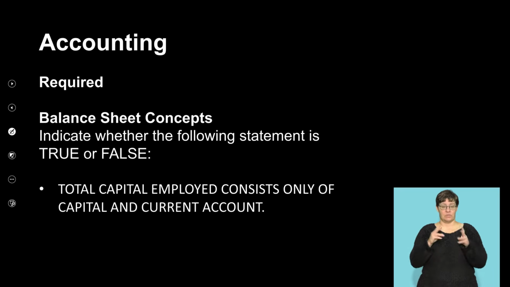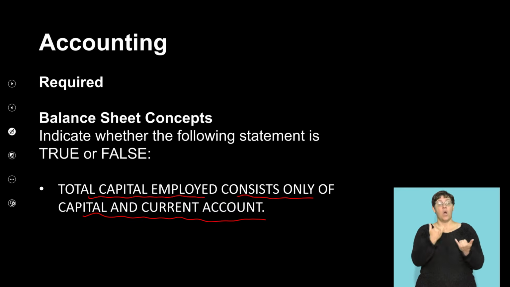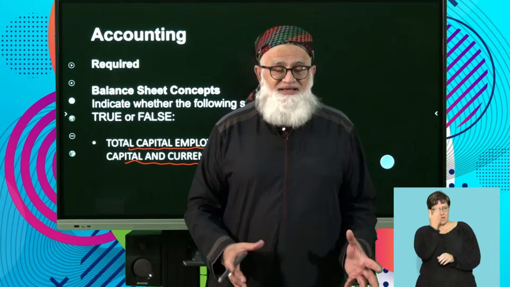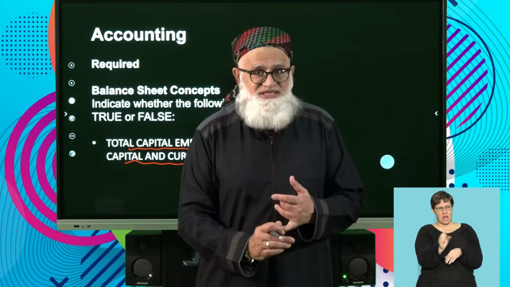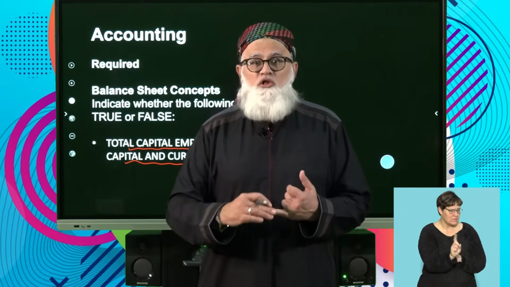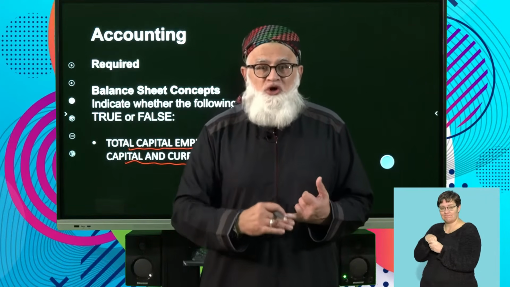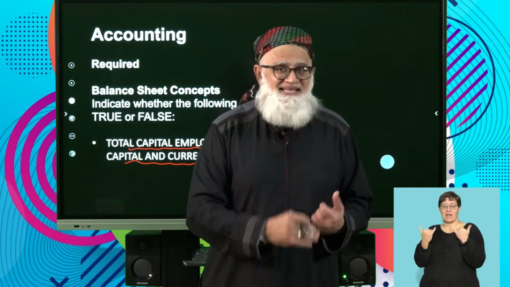Okay, next one. We'll be busy with true and false. Total capital employed consists only of capital and the current accounts. If you're dealing with a partnership, then think about it. Capital employed is not only equity, but it also includes your non-current liabilities.